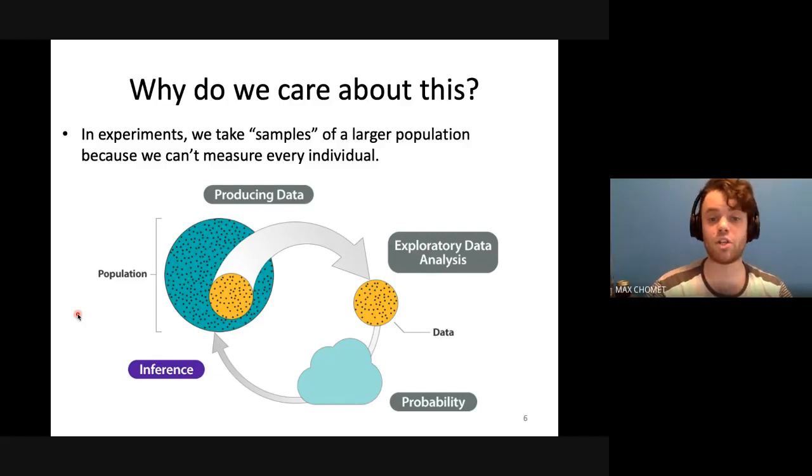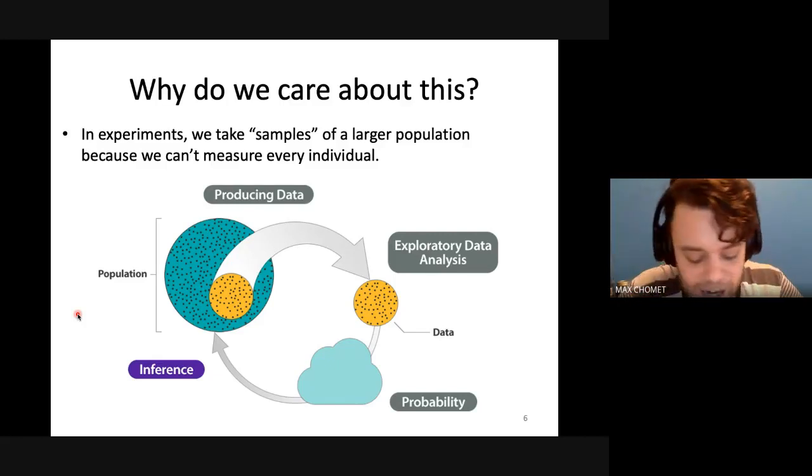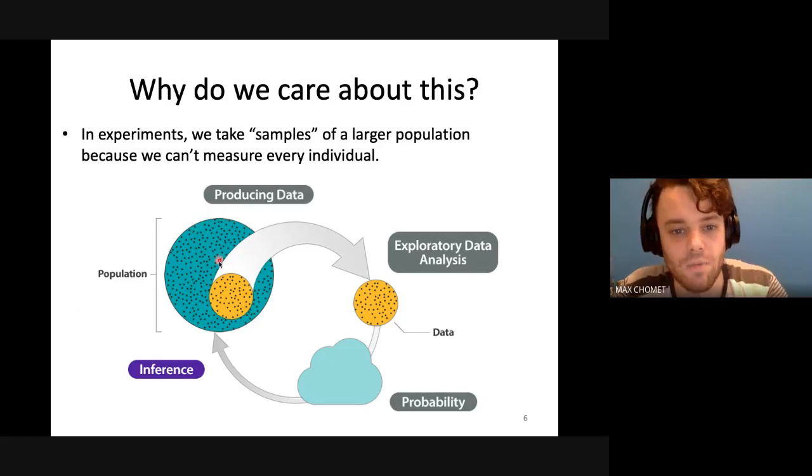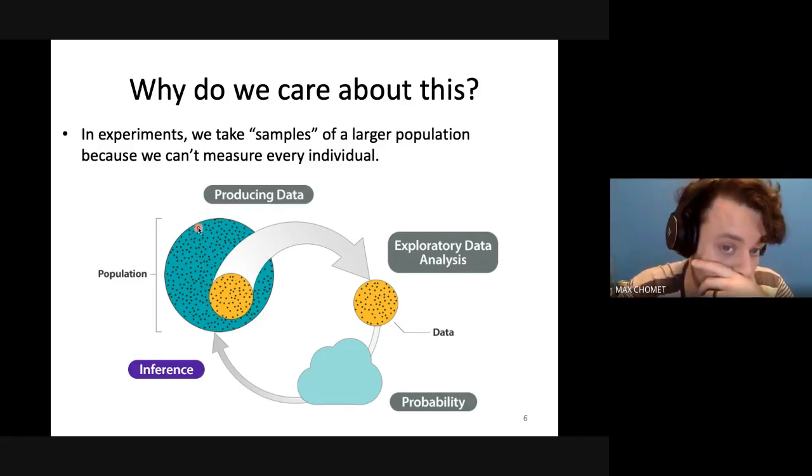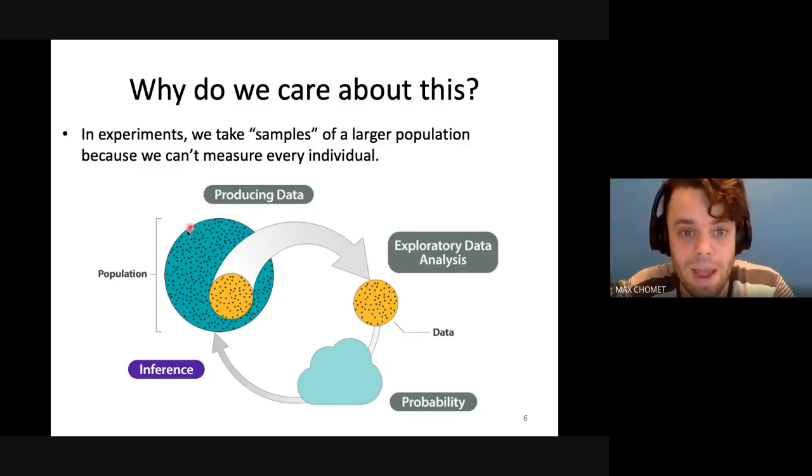The sample could even just be you, right? And that's a smaller portion of the entire population of all people or all teenagers or all parents, whatever this larger population is. You are exploring just the subset of individuals. So that's your sample, right?